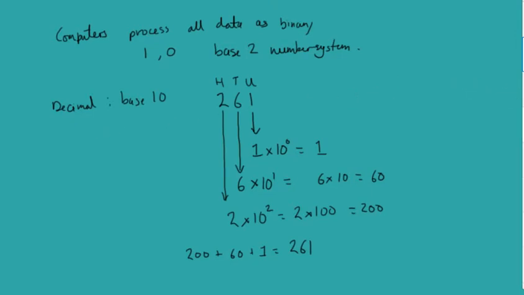Now, the binary is base 2. So let's think about if we had 2 to the power 0, that is 1. 2 to the power 1 is 2. 2 squared is 4. 2 cubed is 8. 2 to the power 4 is going to be 16. 2 to the power 5 is going to be 32, and so on.